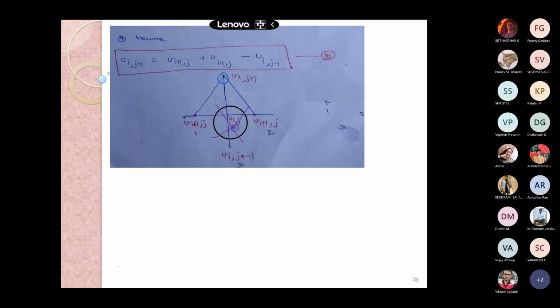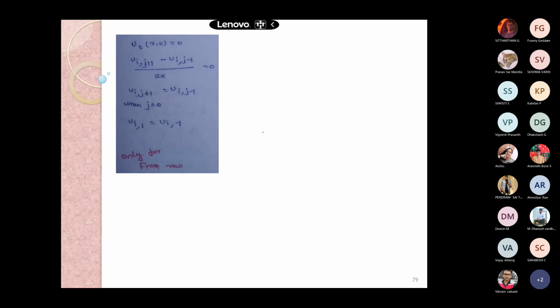Here plus, here also plus, here we need to take minus as coefficient. And this is the required point. Therefore, u i comma j plus 1 is equal to u i minus 1 comma j plus u i plus 1 comma j minus u i comma j minus 1. Whether it is clear?